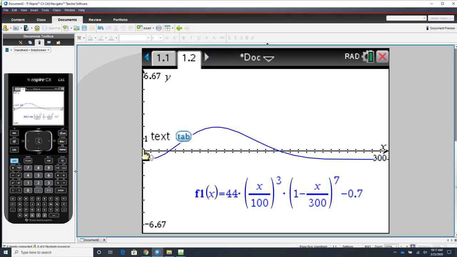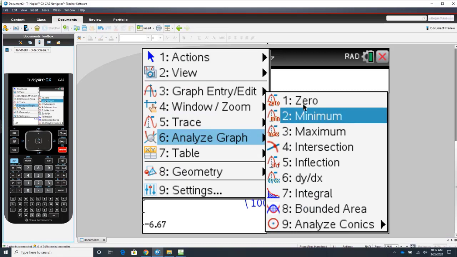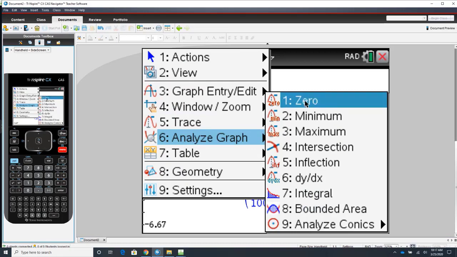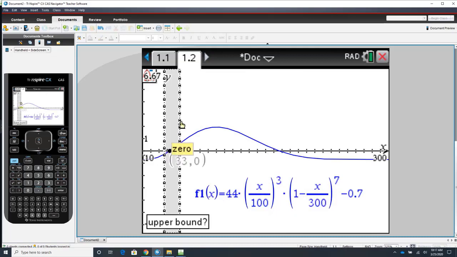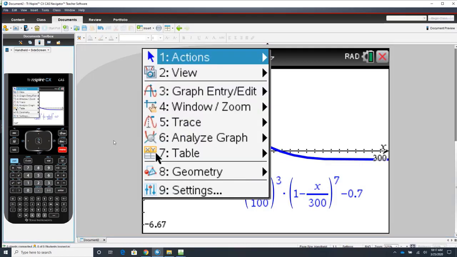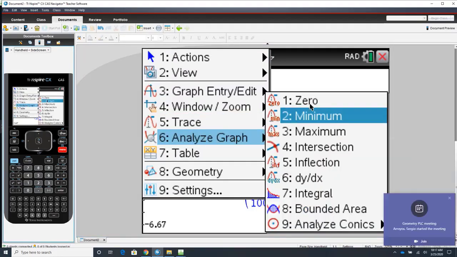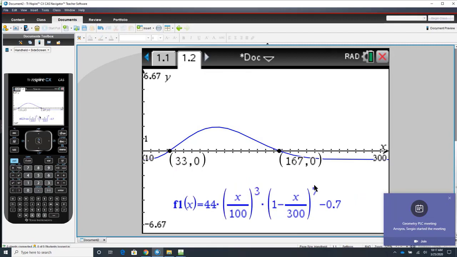Let me figure out those. From the menu, I'm going to analyze the graph. I'll pick up the analyze graph submenu and then figure out the zeros. The first value is 33, and I need another one right here. So let's go the same way and figure out again the other intersections.